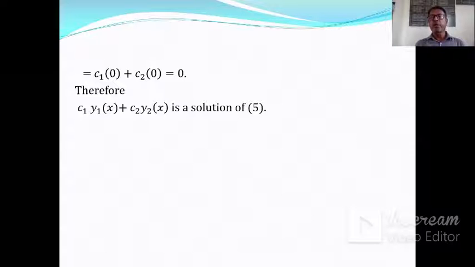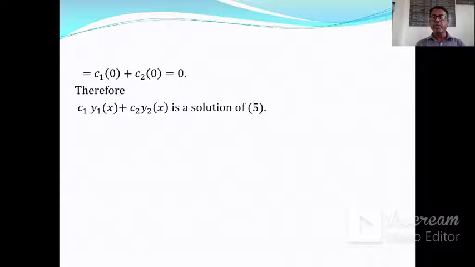Therefore, y1 and y2 satisfy this differential equation 5. From that, we obtain equation 6 and equation 7. Now, we want to see that C1y1 plus C2y2 is also a solution of this equation 5.